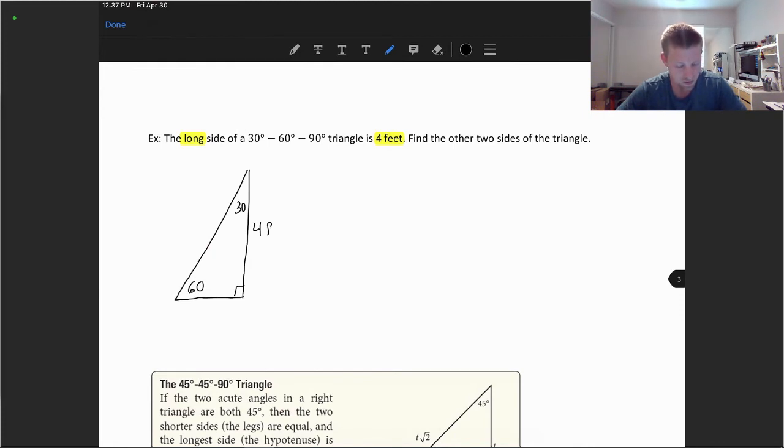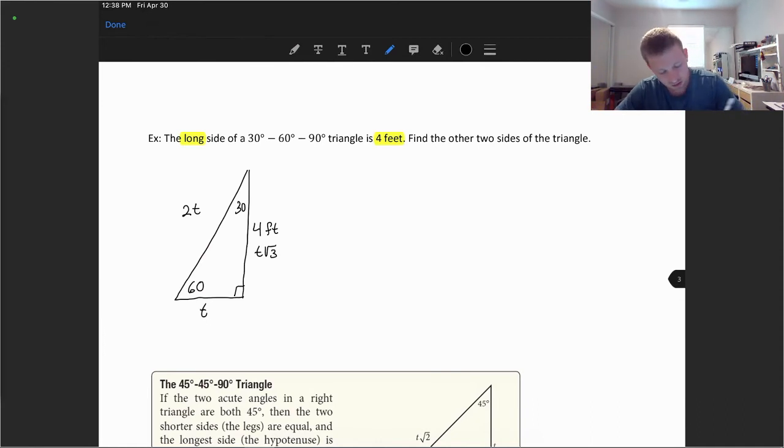And again, remember the ratios: this is length t, this is 2t, and this would be t roots of 3. So we want to consider a ratio where I know the t roots of 3 side, and I like to go out first to solve for t.